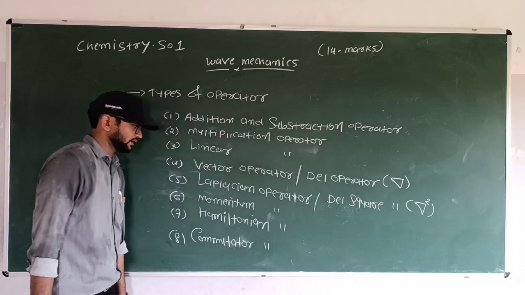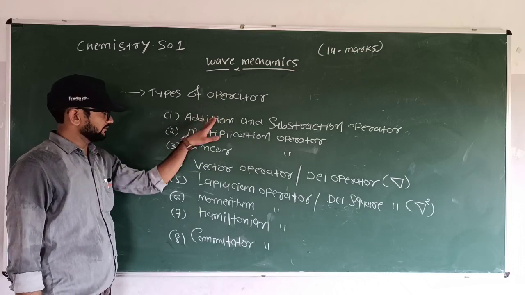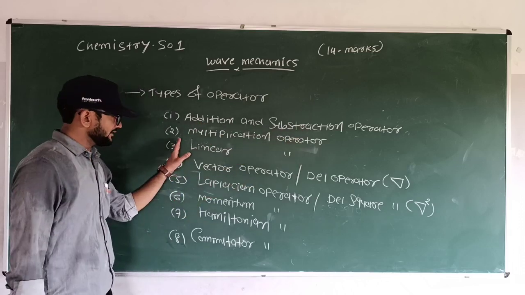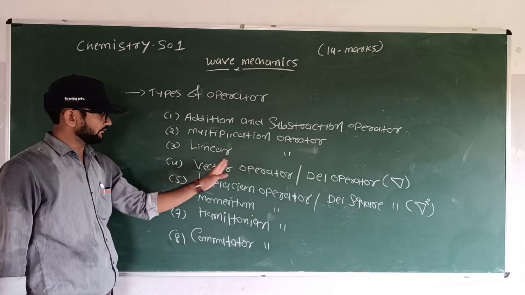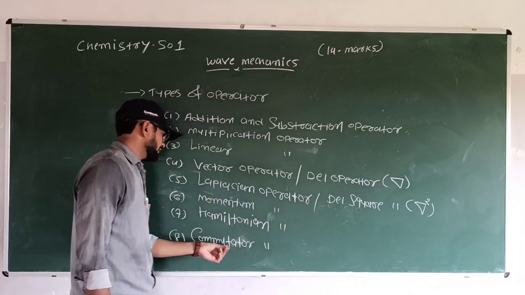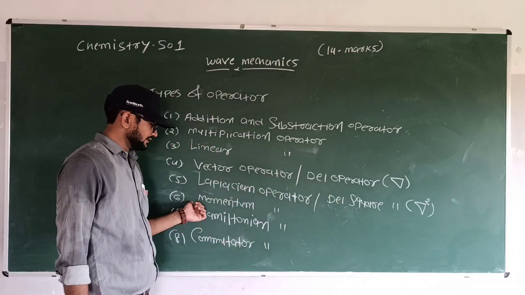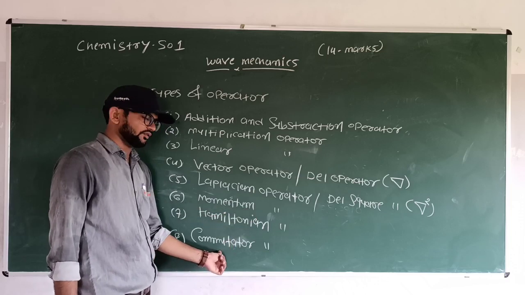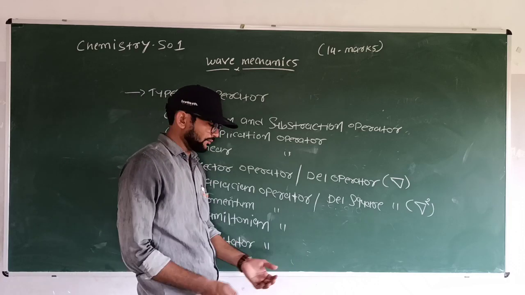So in your syllabus there are 8 types of operator. First is addition and subtraction. Second is multiplication. Third is the linear operator. Fourth is the vector operator or del operator. Then the fifth is the Laplacian operator or del square operator. Then the sixth, momentum operator, Hamiltonian operator, and the last one is the commutator operator, which is also known as the commutative property.